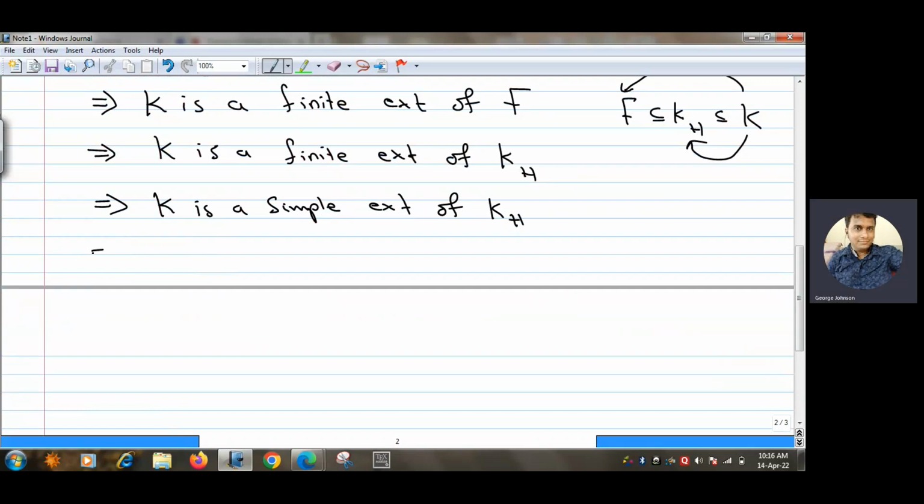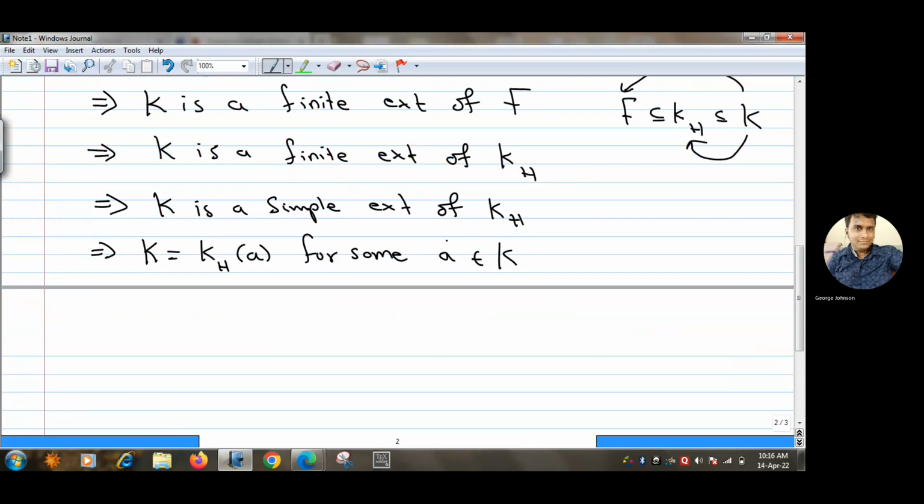Okay. Therefore, by definition of simple extension, what we can write is there is some A belongs to K such that KH(A) is equal to K. Right? By definition of simple extension, we can say that K is nothing but KH(A) for some A belongs to K. But this will imply that, see, now K is nothing but KH(A).